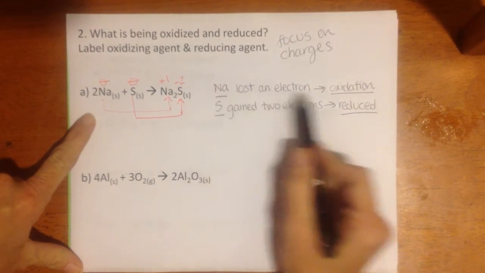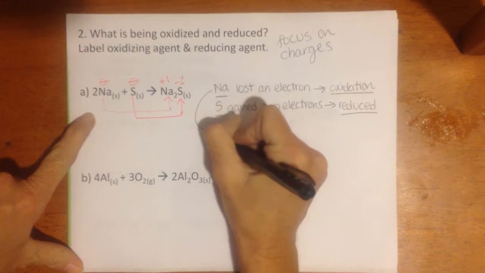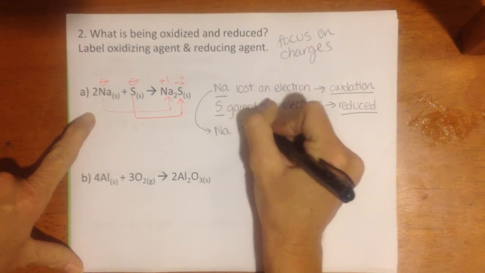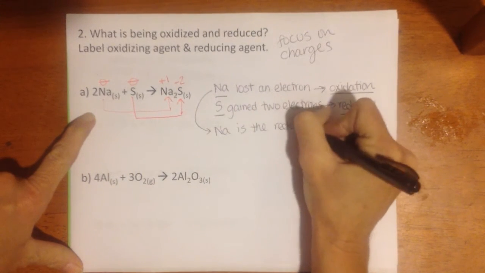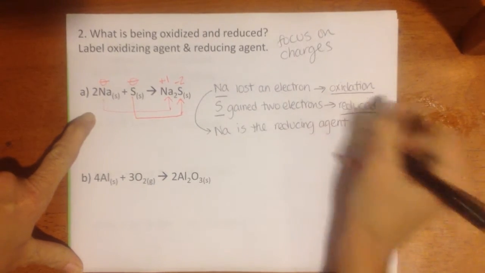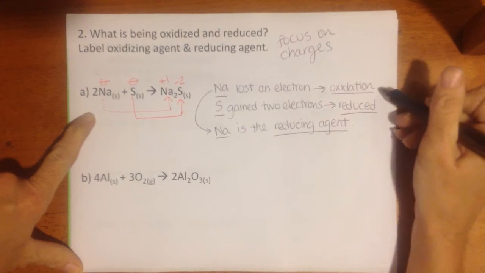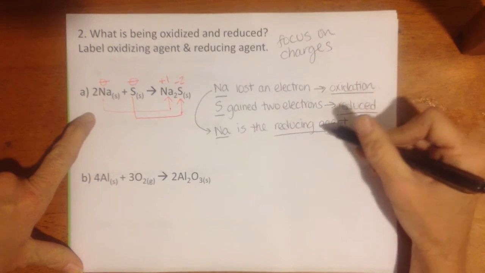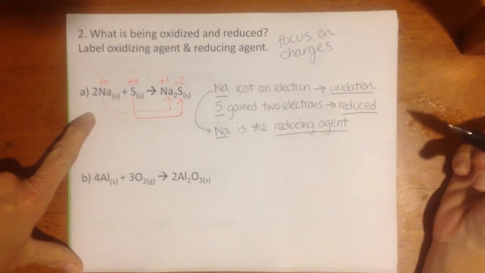Now, it always flips. If sodium was oxidized, then sodium is the reducing agent, because by being oxidized, it allowed sulfur to be reduced. So it's the agent of reduction.